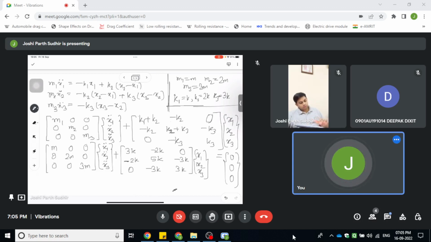So this will be the final equation of motion.